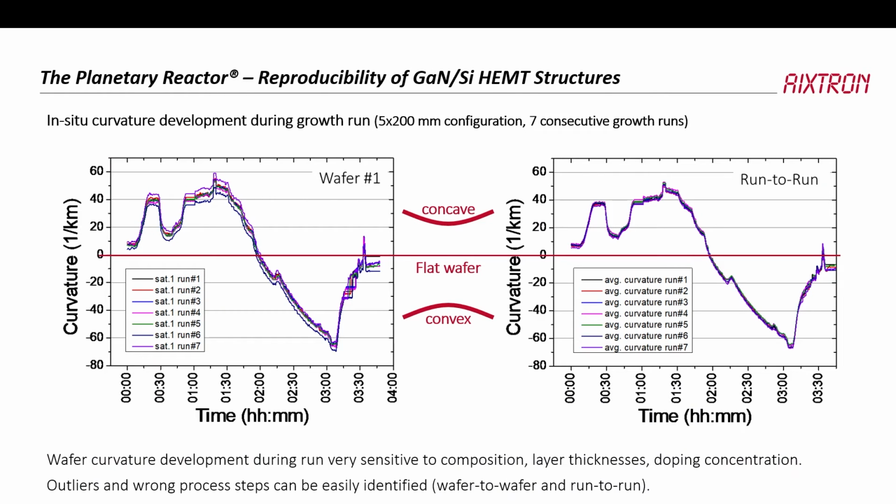And this is an example of curvature. And curvature in the end will result in strain. It's from one run, this is 5 by 200 millimeters. Here we have the satellite 1, so this is actually 7 runs copied into the same picture.